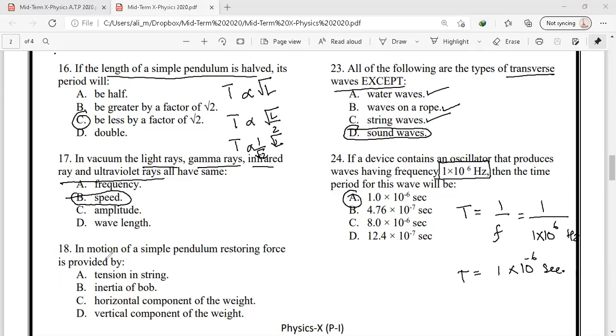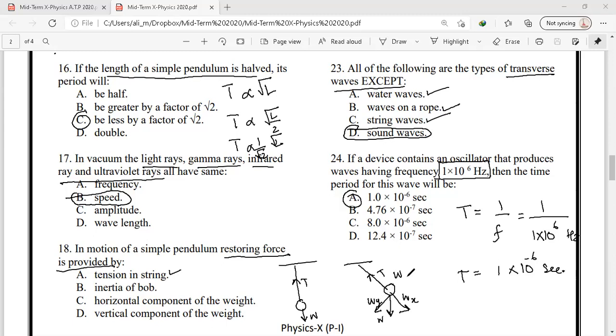Question number 18. In the motion of a simple pendulum, the restoring force is provided by which type of force? So tension force is cancelled out by the component of the weight force at mean position. Similarly, at extreme position, the pendulum has tension T and the weight force is split into its components, where Wx and Wy are the components of the weight force.